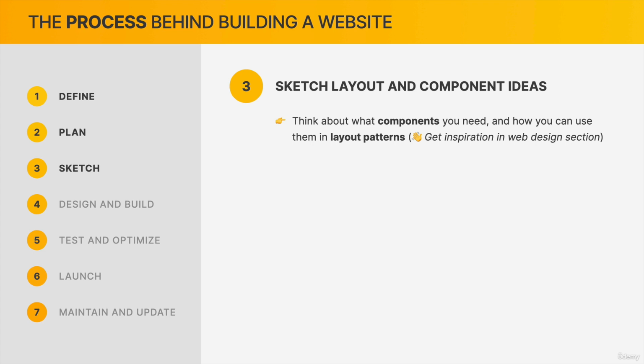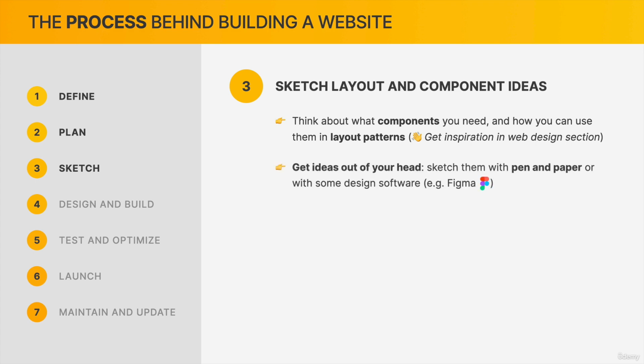Now, once you have an idea about what components and what layouts you might want to use, it's time to create some sketches with pen and paper, or maybe even with some design software like Figma. And these sketches at this point should be very, very simple. So very low fidelity without any details.